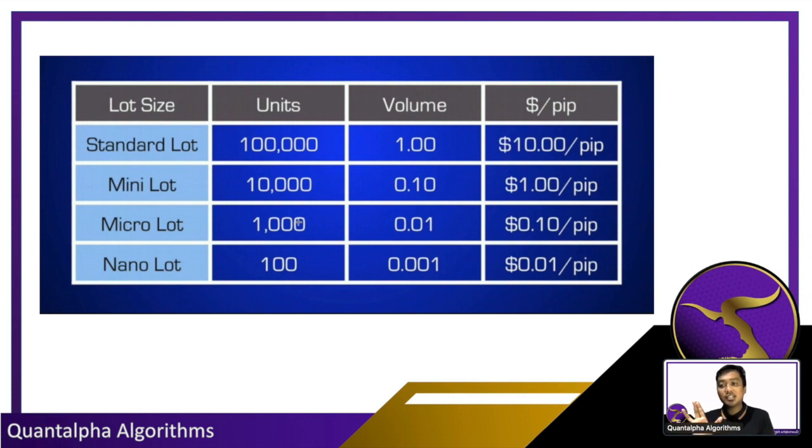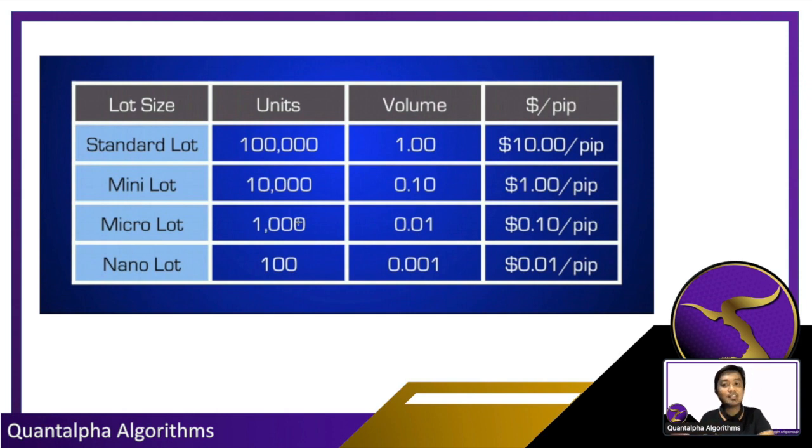The general one is the standard lot, and this is what I recommend if you're going to open your account with a forex broker. Please do open a forex account with standard lot, because that is the standard. If you want to explore, you can go to the three other lot sizes. But for now, let's discuss the standard lot first.